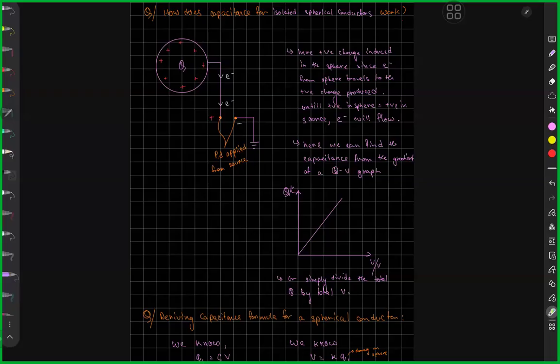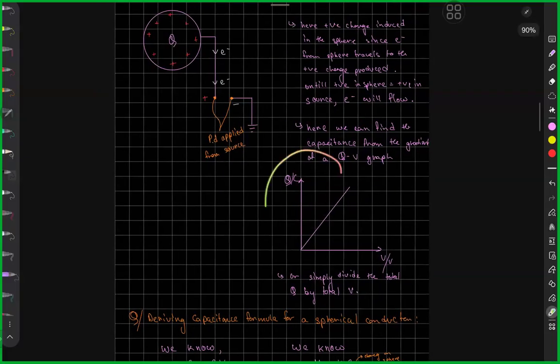So now, how can we measure what charge I am accumulating over here with respect to the voltage being supplied? What this graph gives you is, as I supply a certain voltage between these two points, this is my supplied voltage, as I increase that voltage with respect to time.